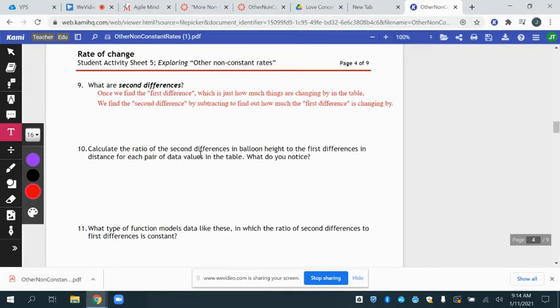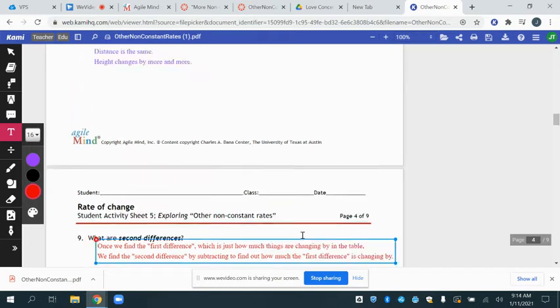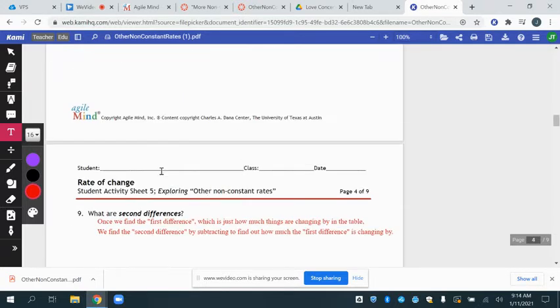The ratio of the second differences in the balloon's height to the first differences. What do you notice? Well, we're going to compare our second differences in height to the first differences of distance. Second difference is 16, and first difference is 10. 16 and 10, 16 and 10.